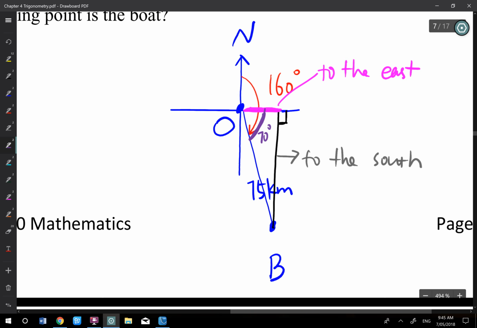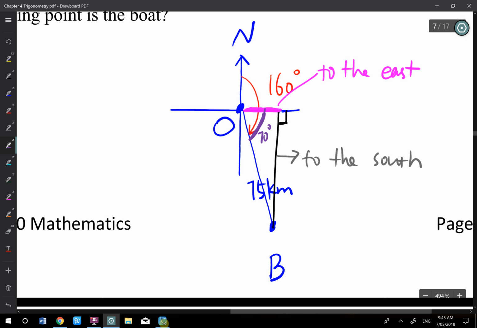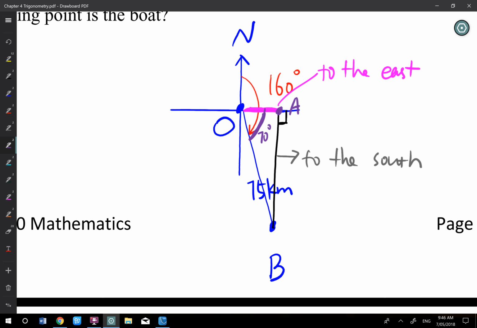Good, 70 degrees, because it's 90 above that, 160 in total, so it's 70 degrees. Let's say this point is point A. Basically, I want to find the length of OA. That's how far to the east. The length of AB is how far to the south.